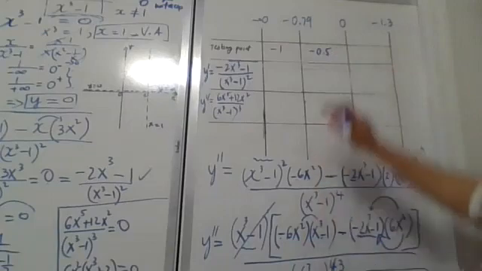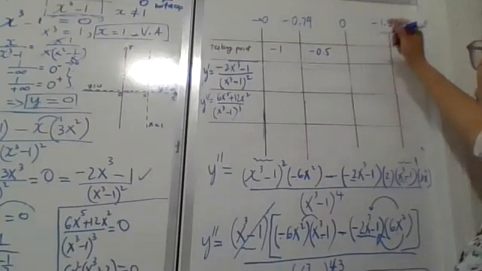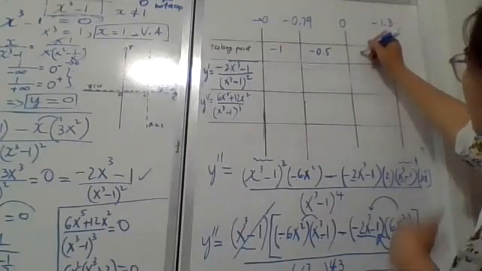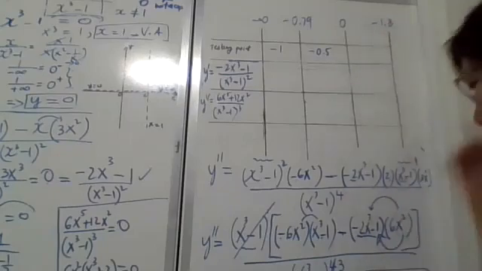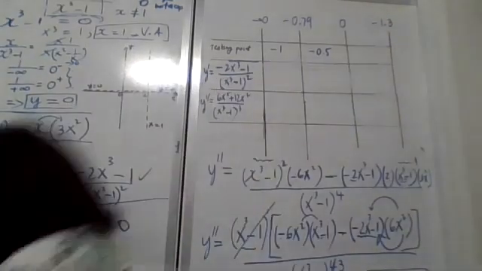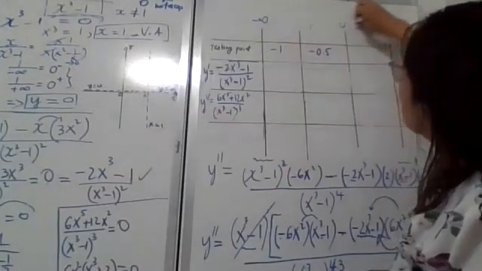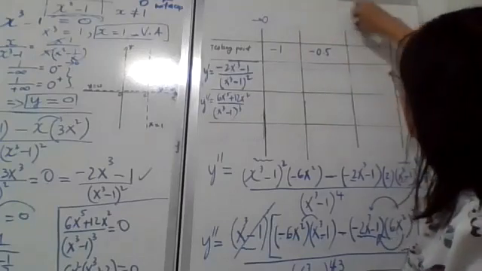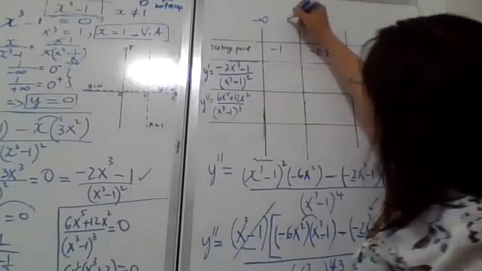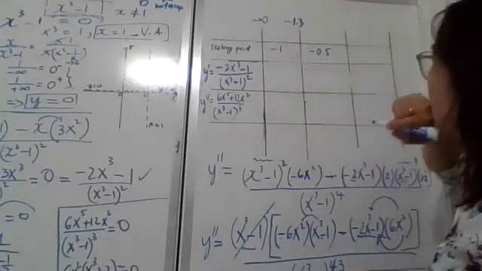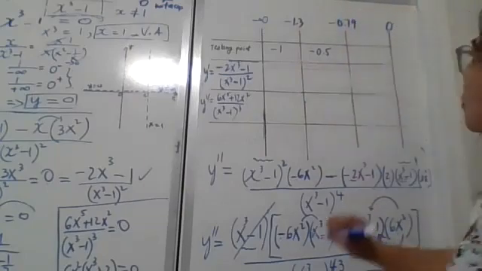Between this interval, 0 to minus 1.3, we can choose our testing point... Oh, I forget. Sorry about that. I should put this number in front of this. Sorry for my silly mistake. Okay, so this is minus 1.3 first, then minus 0.79, and then 0.